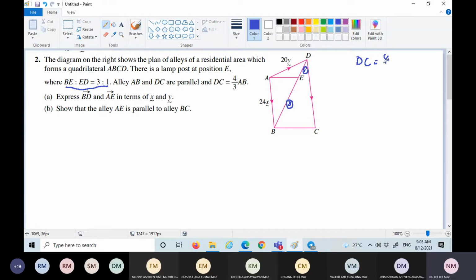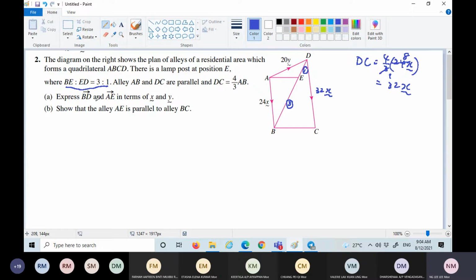So DC is 4/3 of AB, which is 24x, so 32x. Make sure DC and AB are the same direction, so it's positive. So here, this one is 32x. All this information is in the text, so you better write it down in the diagram.